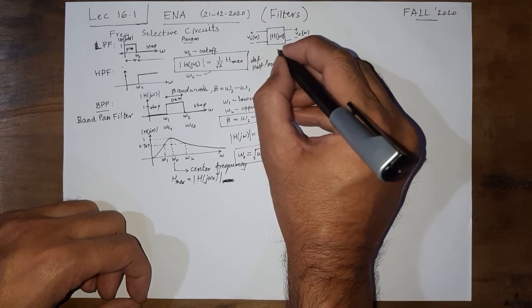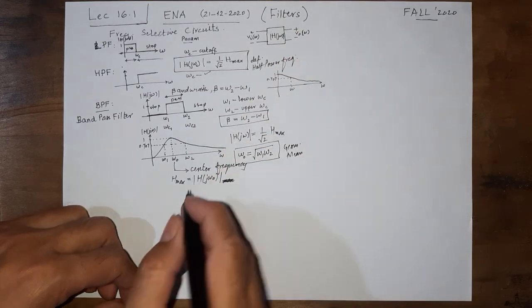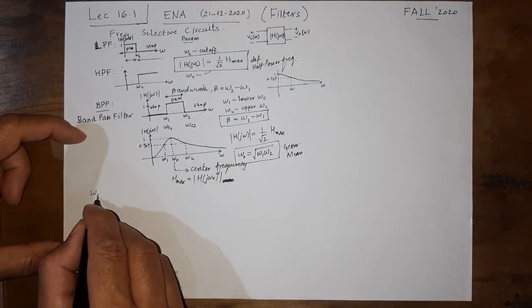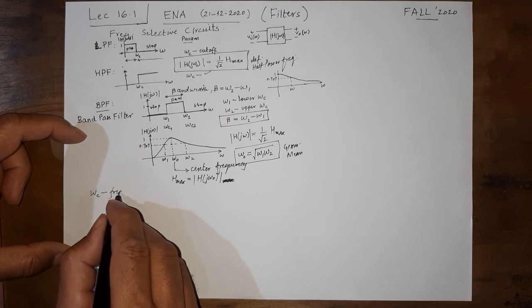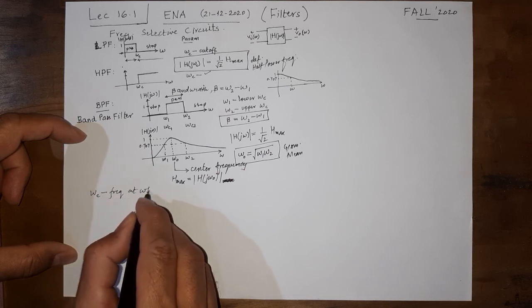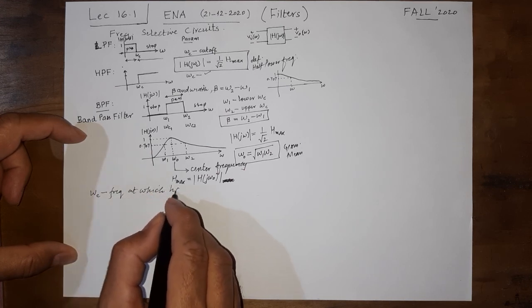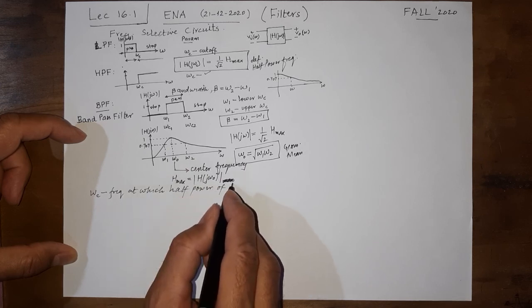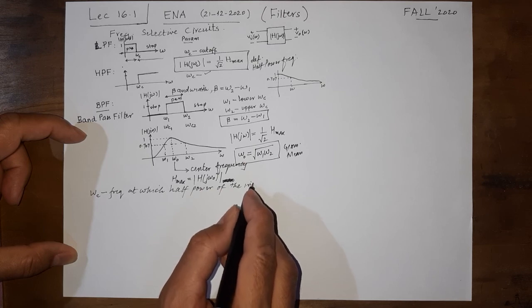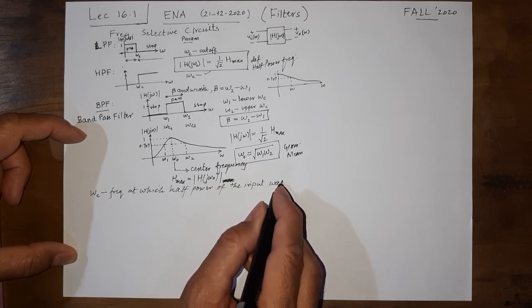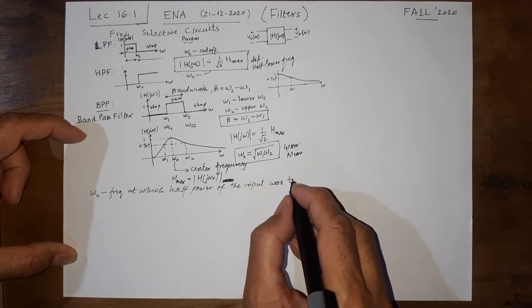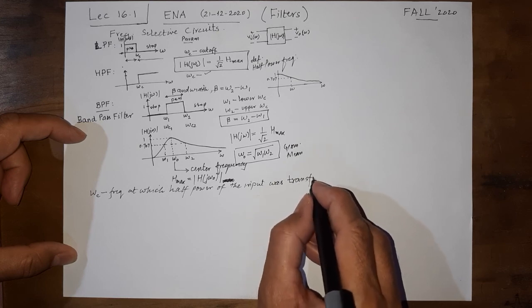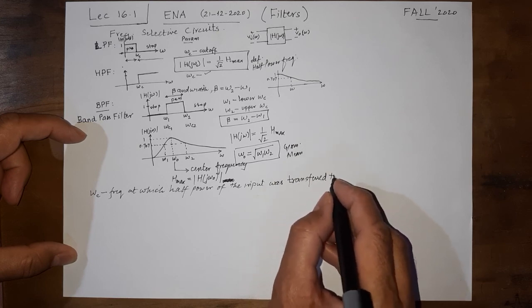So half power frequency means the cutoff frequency is the frequency at which half of the power of the input was transferred to the output.